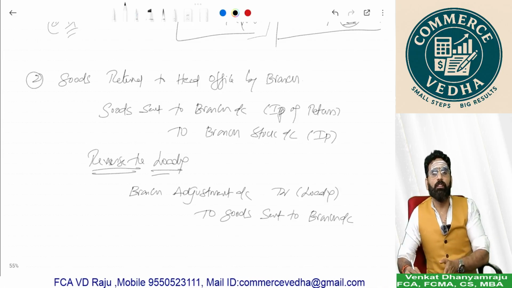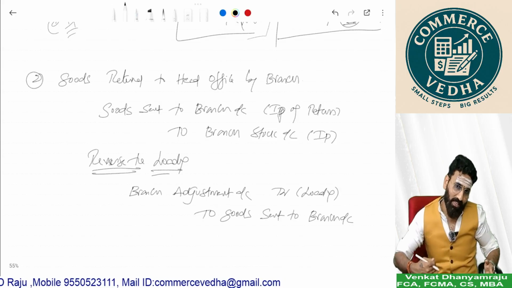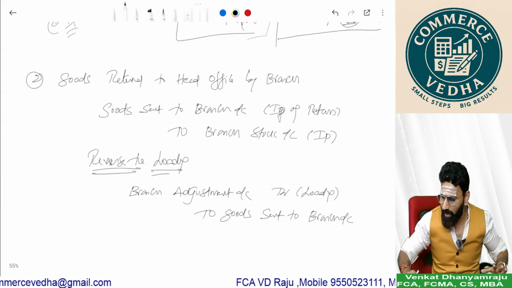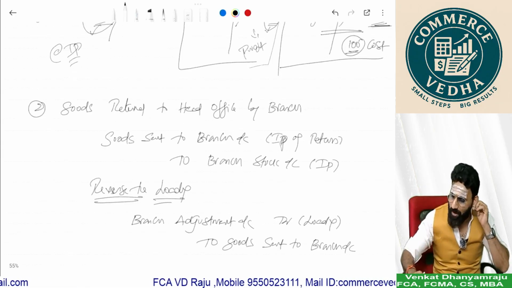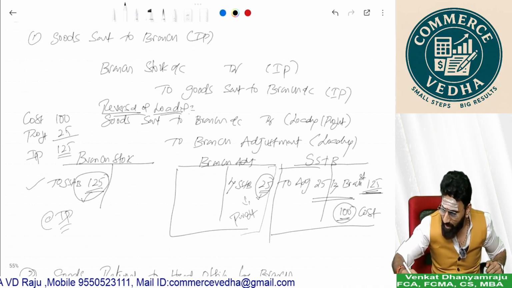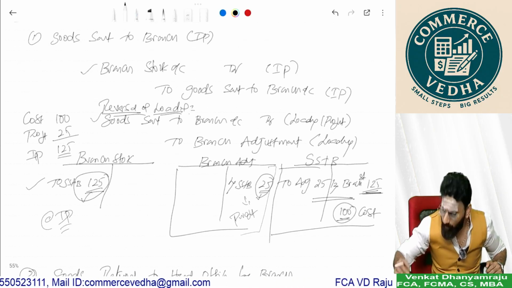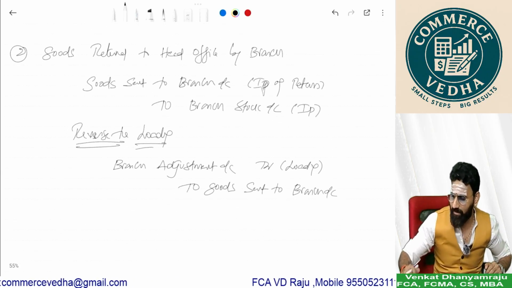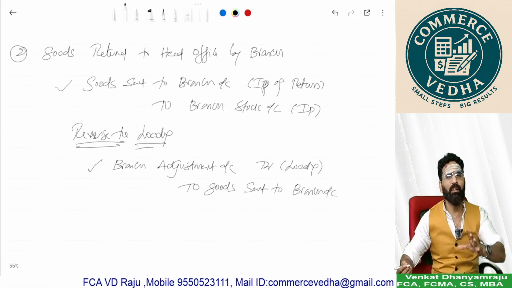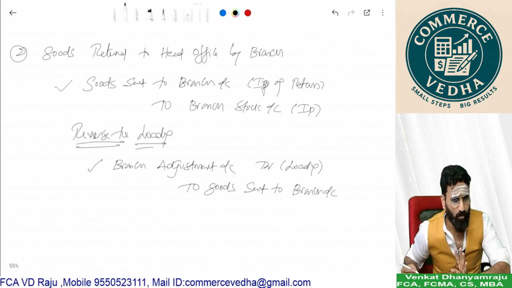Whenever goods return from branch to HO, there is a return and reversal of loading. These are to be coupled. One transaction, two entries. Entry 1, entry 2. Same, one return transaction, two entries. Hope it is clear. Right?